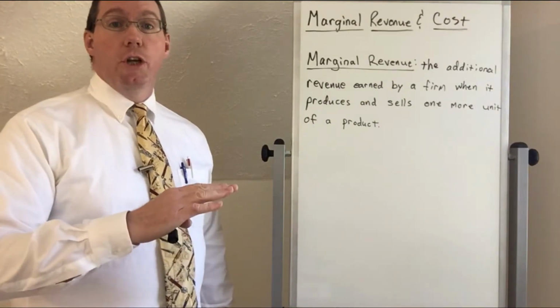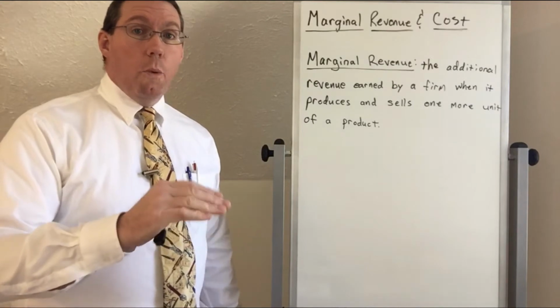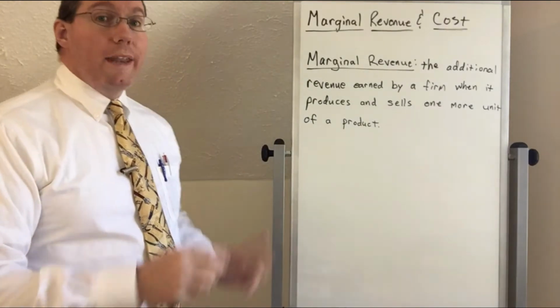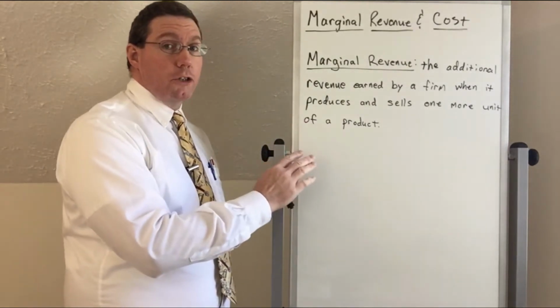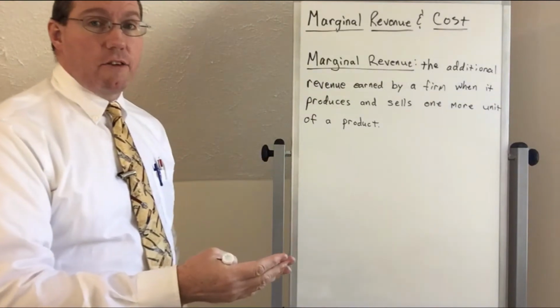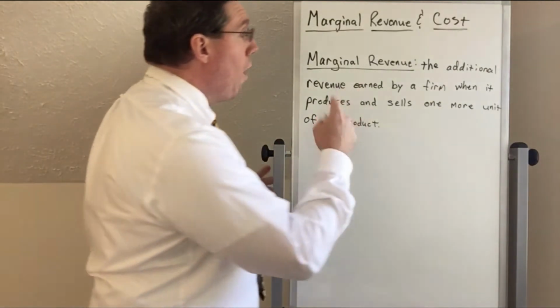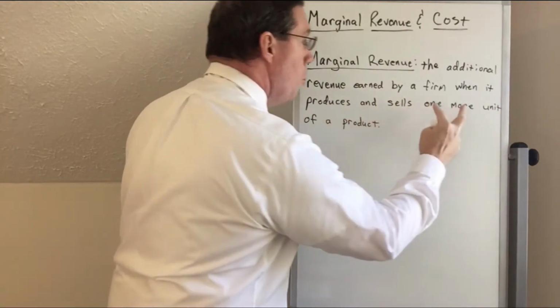It's how much a little more utility that you get when you consume one more unit of a product. Well, now this is on the firm's side. This is a business that has marginal, but it's not utility that's going up, it's revenue going up, okay? So when the firm produces and sells one more unit.